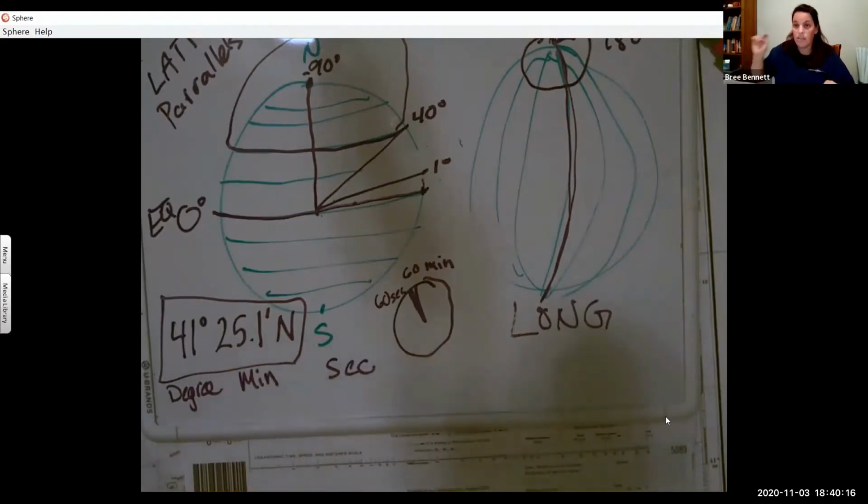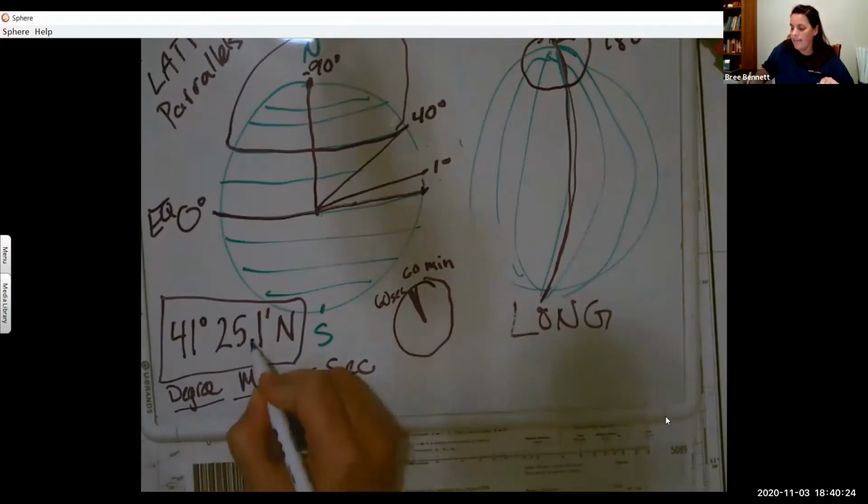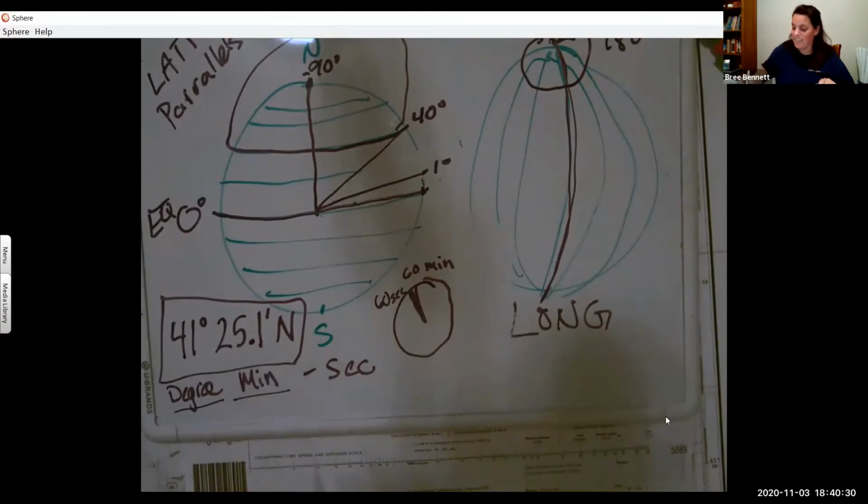Now, typically, we do not go all the way to seconds. We stay in degrees and minutes, and then tenths of a minute, which can be tricky. If you're adding and subtracting degrees, we know that 360 is as much as we can get. There are 60 minutes in 1 degree, so we can't have 75 minutes. We could only have a maximum of 60, and then it's 1 degree.